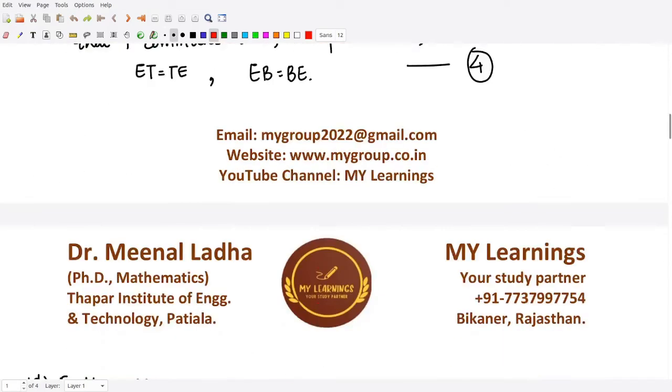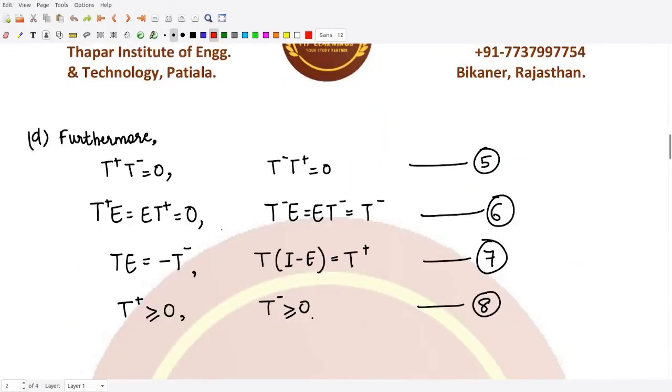And the fourth property tells us that the following are also true. The composition of the positive part and the negative part is a zero operator. Similarly, T negative composed with T positive is also a zero operator. Then T positive E is equal to the zero operator, and T negative E is equal to T negative.